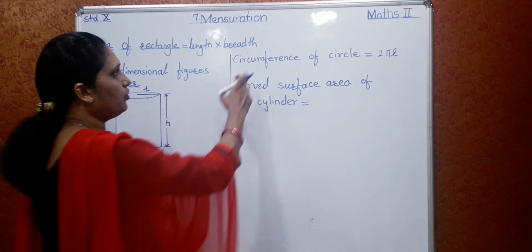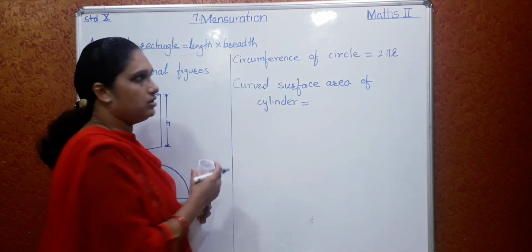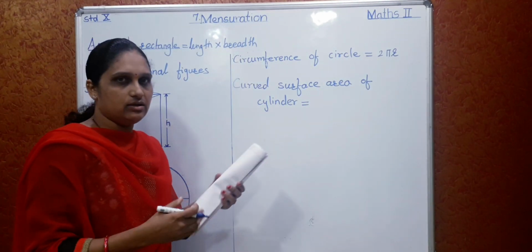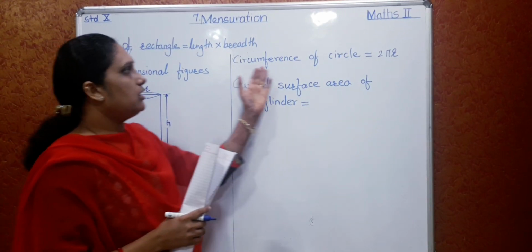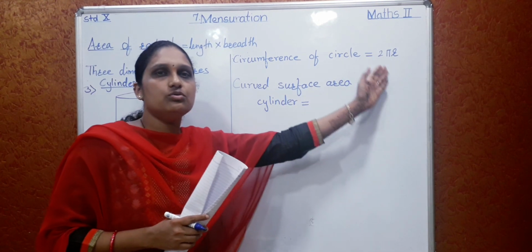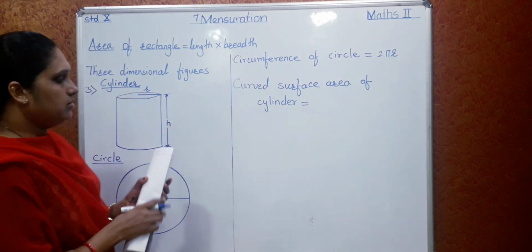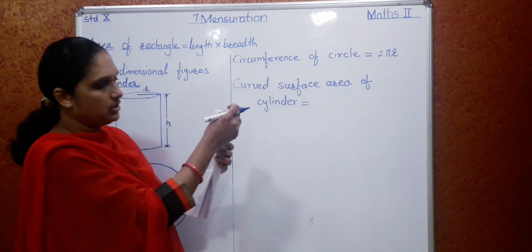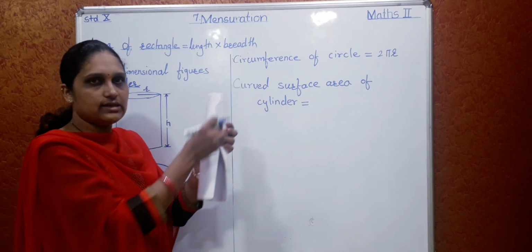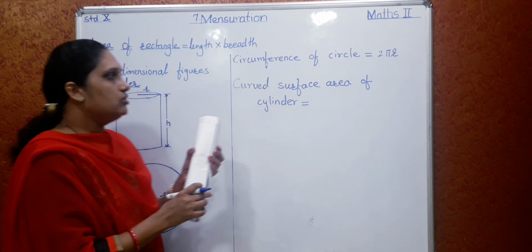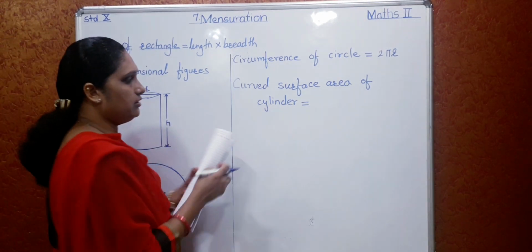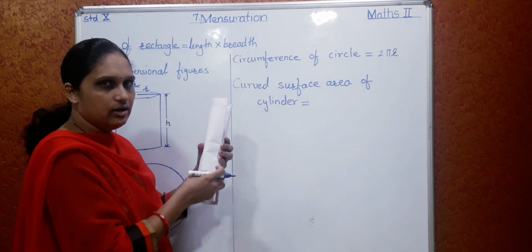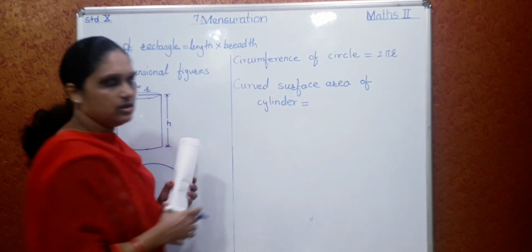So the formula for the circumference of a circle is 2 pi r. In previous standards we have studied this: circumference of circle equals 2 pi r. Now this circumference of a circle is taken h times, because h is the height of the cylinder. So for the cylinder, if we combine this circle's circumference along with this height, it gives the curved surface area.